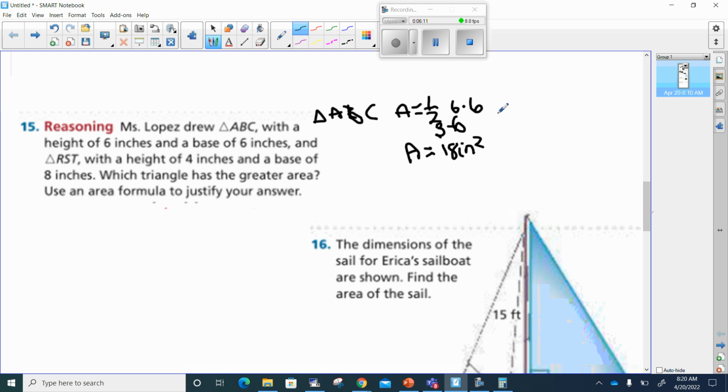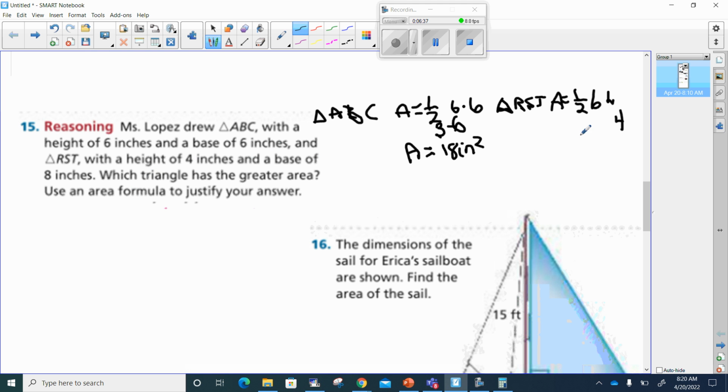All right, now let's go to triangle RST. RST, again, the area is going to equal 1/2 base times height. We know RST has a height of 4 inches.